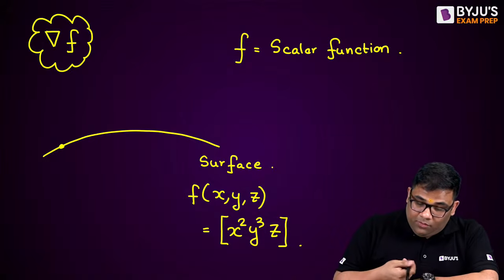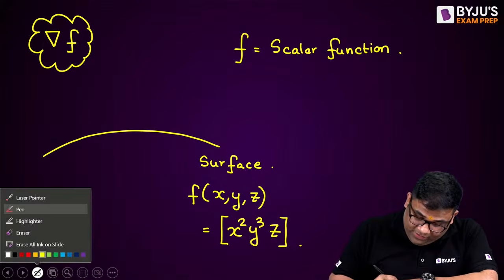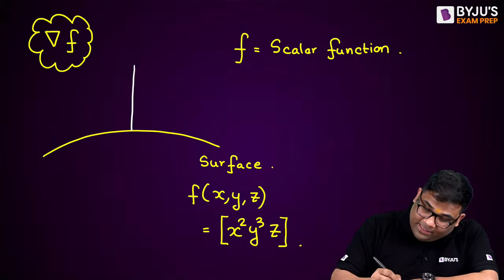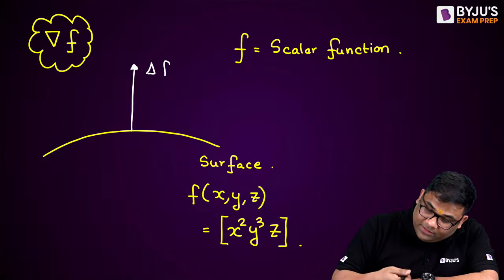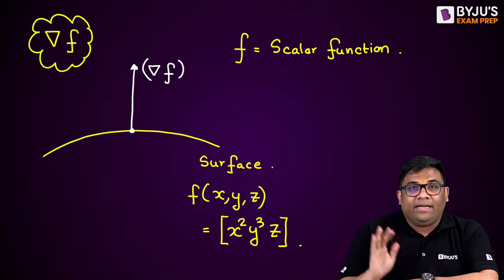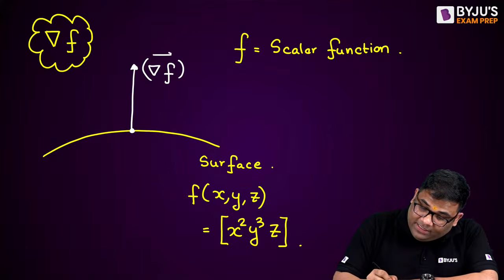Now what does the gradient of f indicate? The gradient of f actually indicates the normal vector at a particular point of that particular surface. So if you take the gradient of f at a particular point, this is a vector.